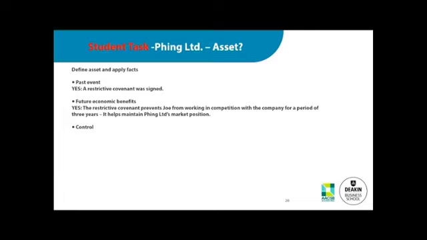Control. Do they have control? No. They don't have control over this contract. Although there is a contractual agreement between these two parties, still the contract can be breached and paid by $500,000, or not breached and not paid.